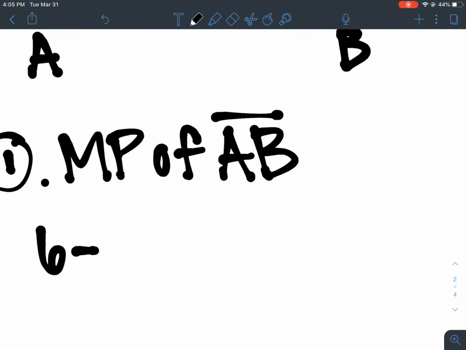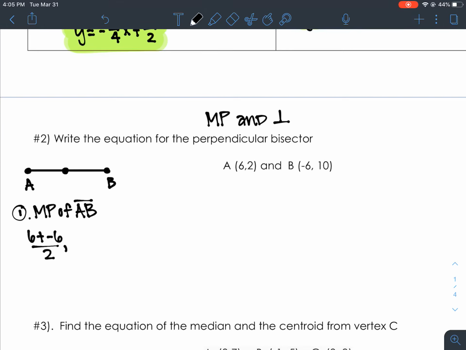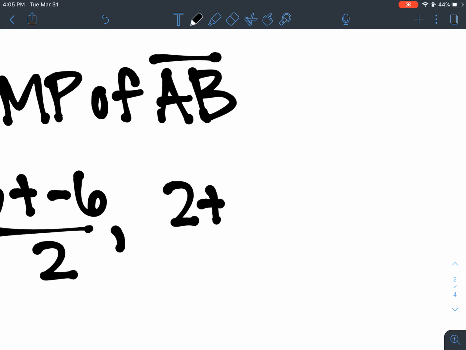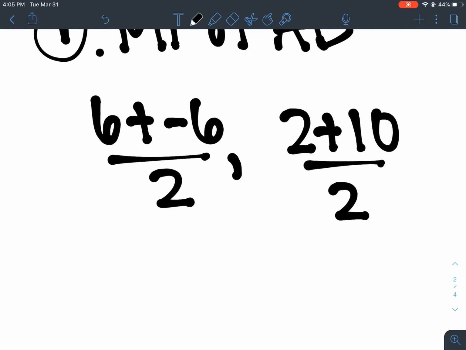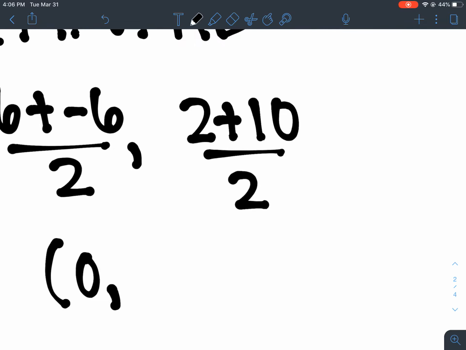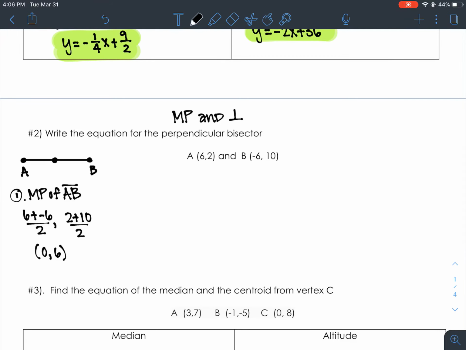We're going to do 6 plus -6 all over 2, comma, 2 plus 10 over 2. So 6 plus -6 is obviously 0, divided by 2 is 0. 2 plus 10 is 12, divided by 2 is 6. So that right there is my midpoint.